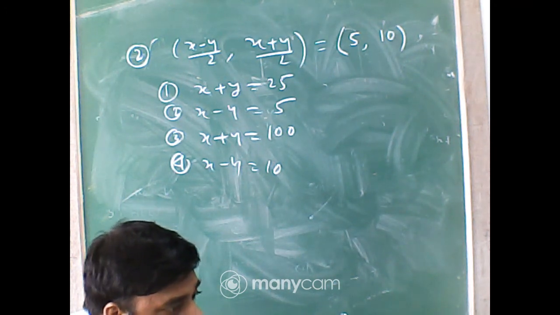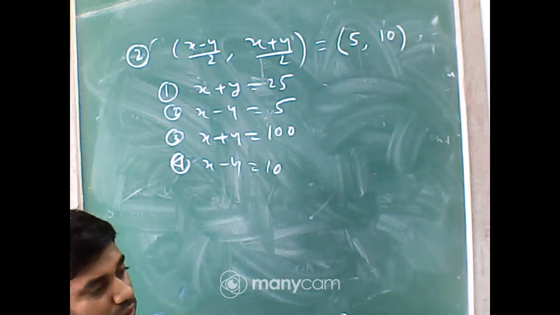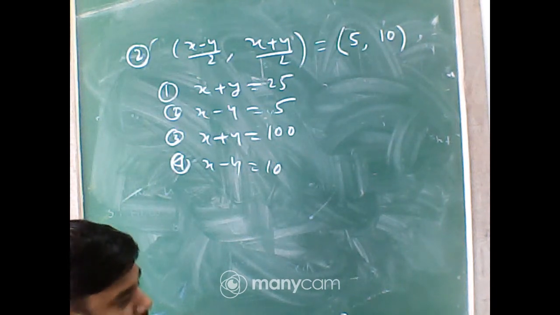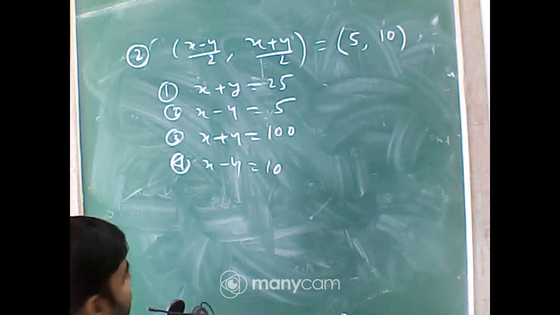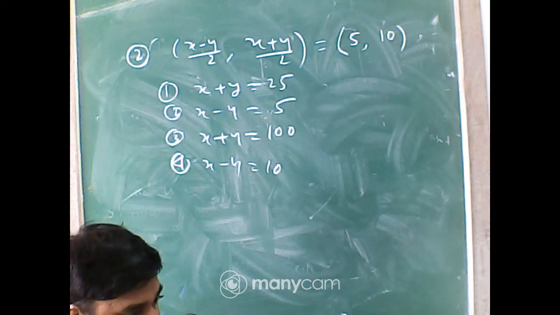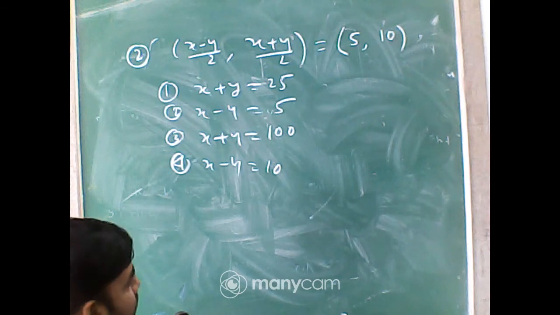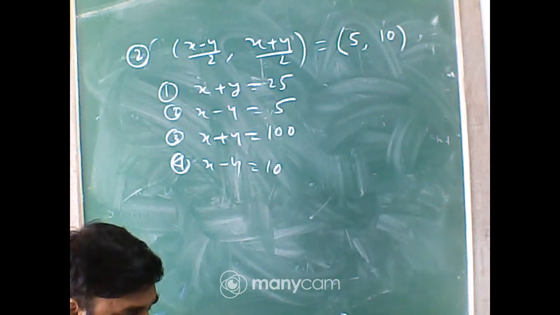Okay. Now question two. Suhana, you have written that option D is correct. Okay, so now tell me what is the value of x and y, Suhana. Only Suhana will say. What is the value of x and y, Suhana?